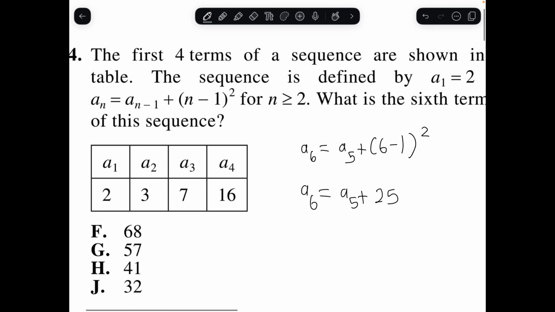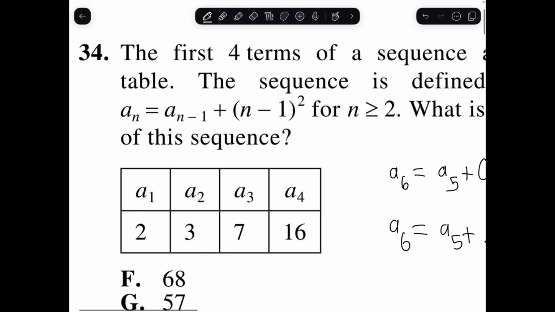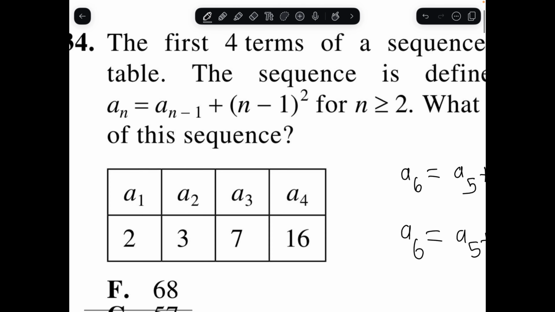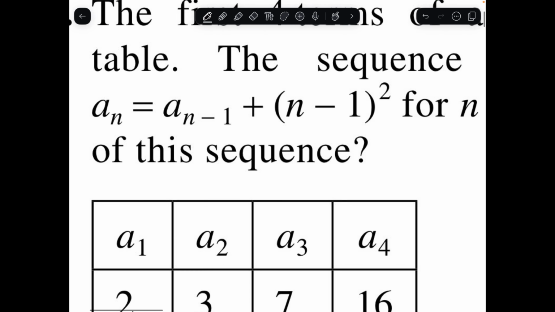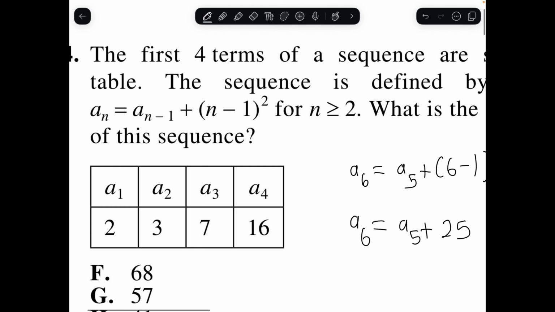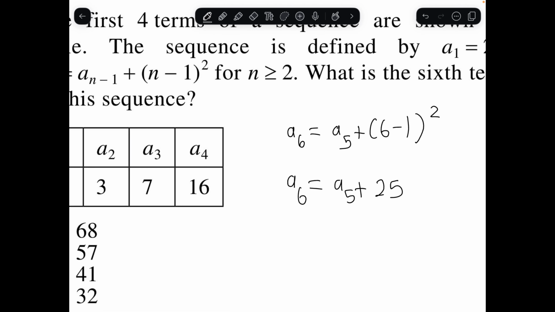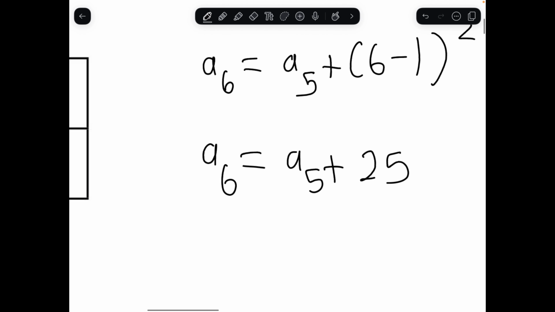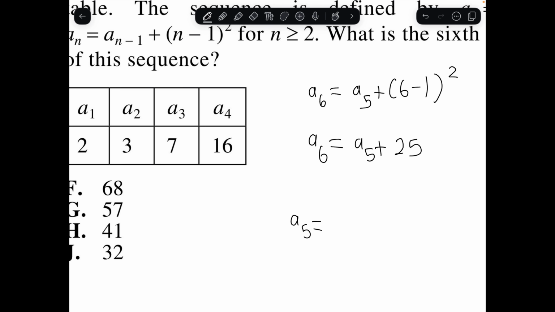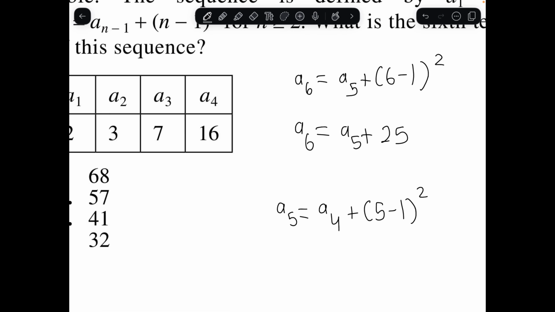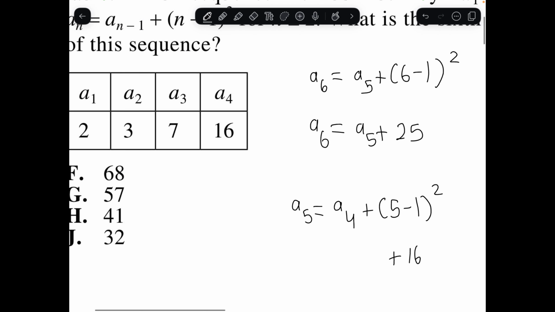So what we actually have to do is use this formula to figure out a5, because we're already given a4. Since it's an minus 1, we will be able to plug in a4 there. So let's find a5 first, and then we can plug a5 here to figure out a6. a5 equals a4 plus (5 minus 1) squared. 5 minus 1 is 4, 4 squared is 16, and a4 is 16 as well.